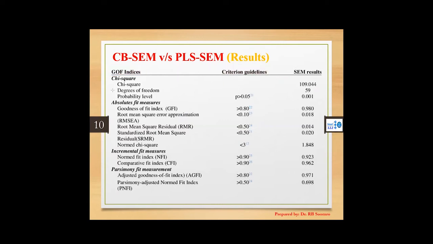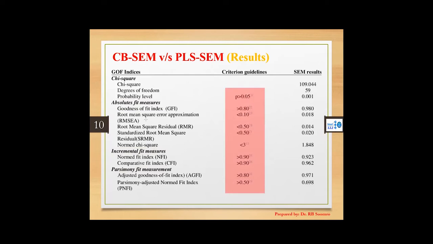Basically we divide these into three categories: absolute fit measure, incremental fit measure, and parsimonious or parsimony fit measure. Researchers have advised that at least one should be taken from the absolute fit measures, at least one from the incremental, and at least one from the parsimony. So at least three measures should be there to justify the fitness of your model to the data. That's very important. So these are the values.